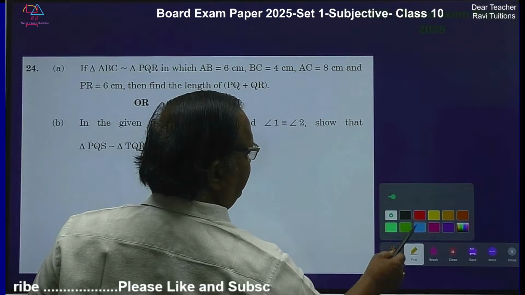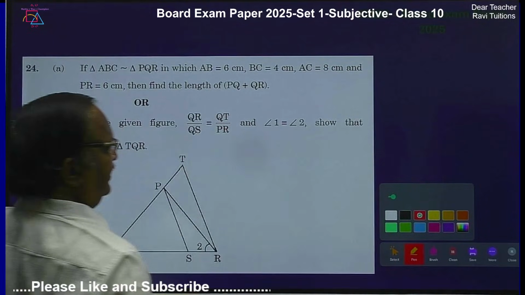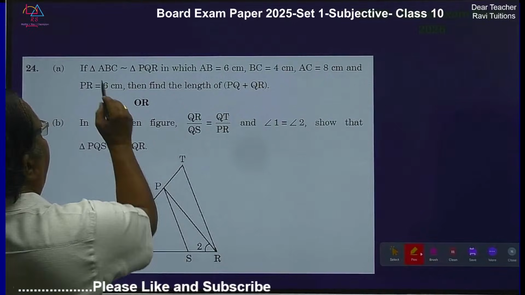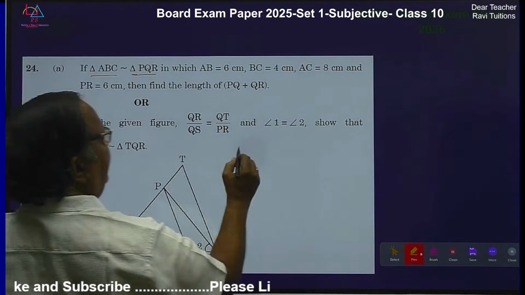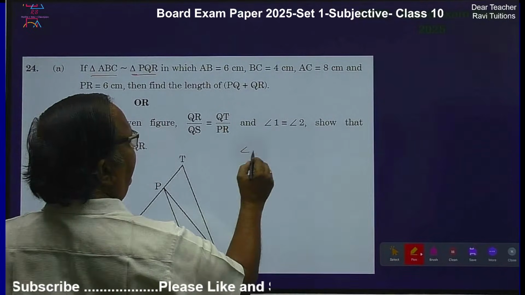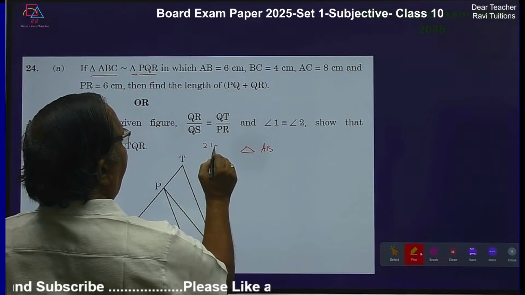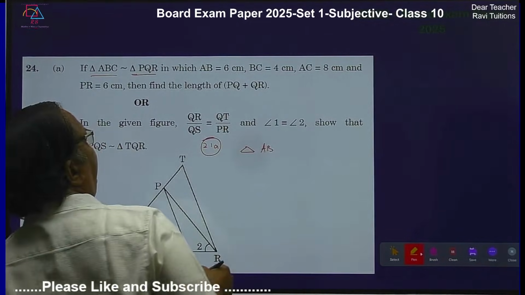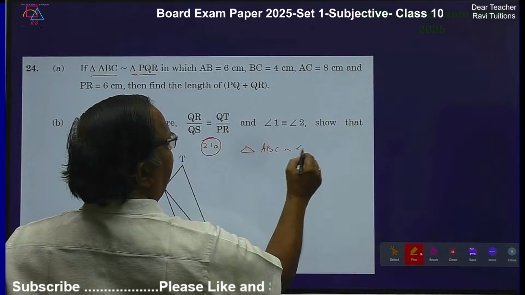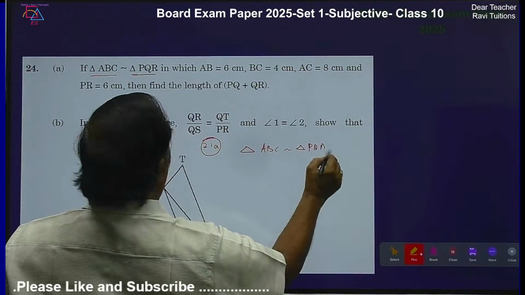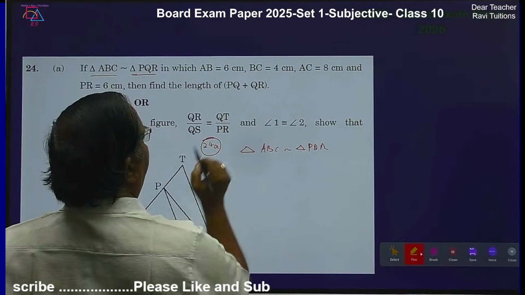I will do it here only in the white color. So now triangle ABC is similar, already given. Triangle ABC is similar to triangle PQR. I am sorry, 24A.